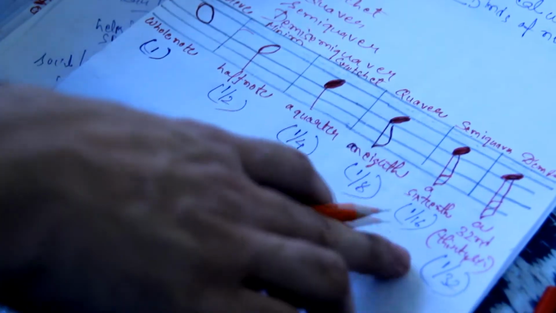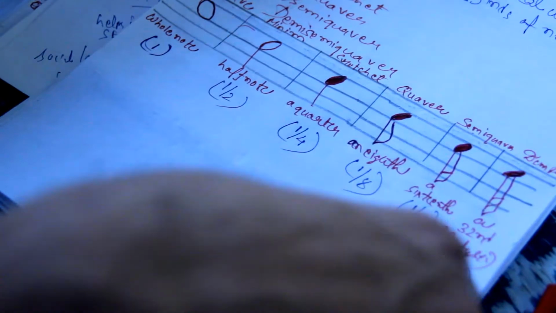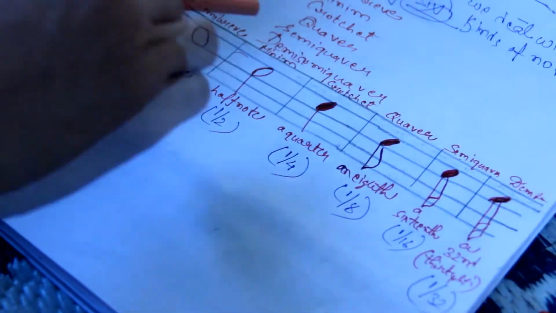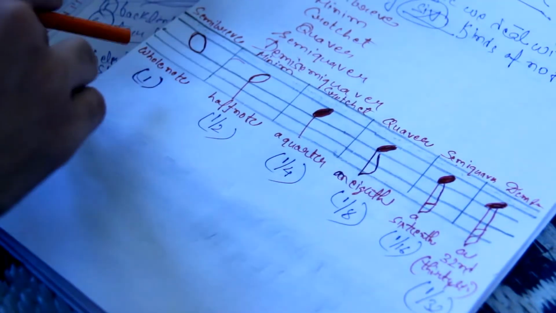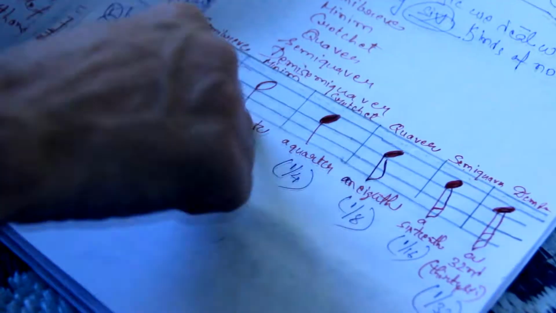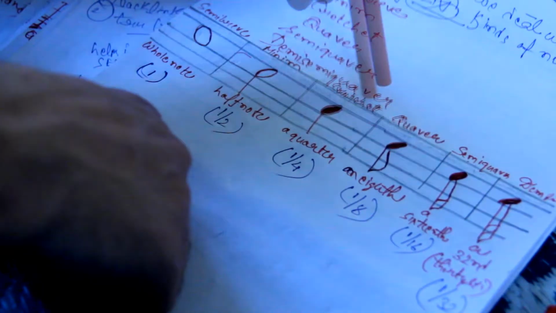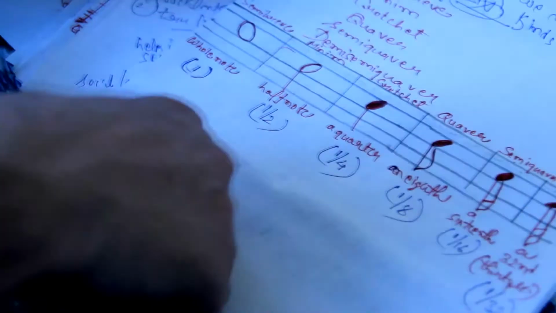So if I draw the whole thing, you will get the idea. In Western notation, we represent the notes with these symbols. It can be a semibreve, a minim, a crotchet, a quaver, a semiquaver, a demisemiquaver.